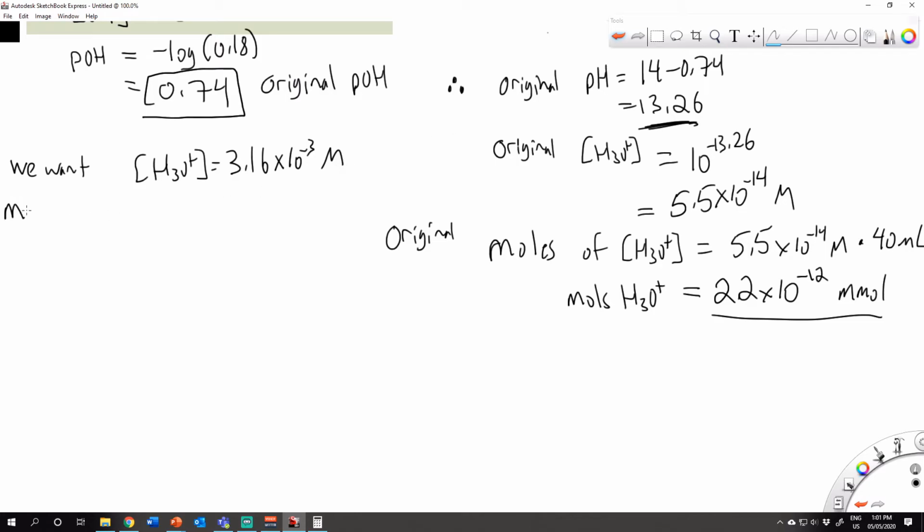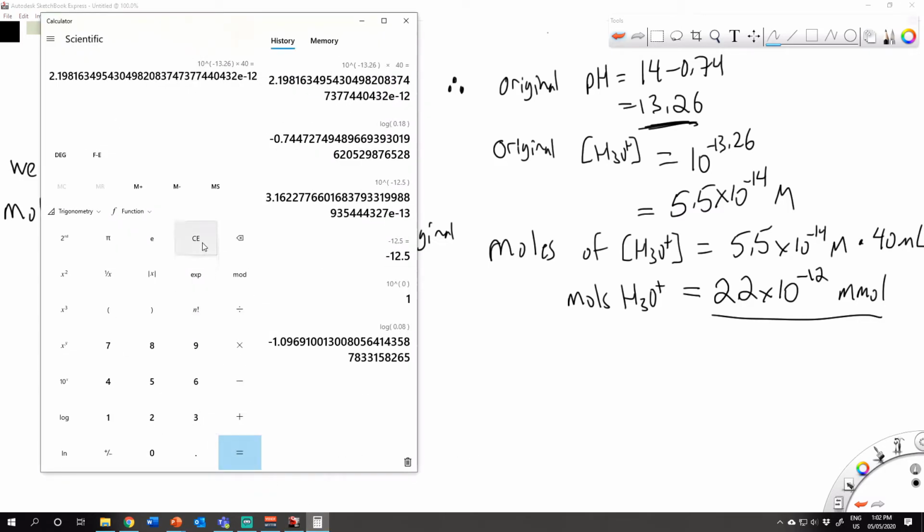So the moles of hydronium in this case will be 3.16 times 10 to the negative 13 molar, and we're not changing the volume, so we can leave it as 40 milliliters. Now we do the calculation. That's a really small number, times the 40 milliliters.